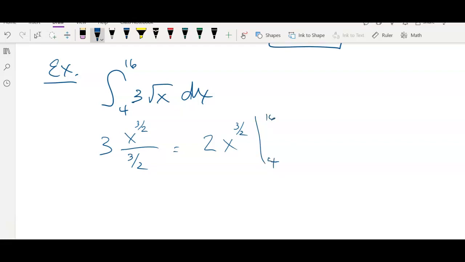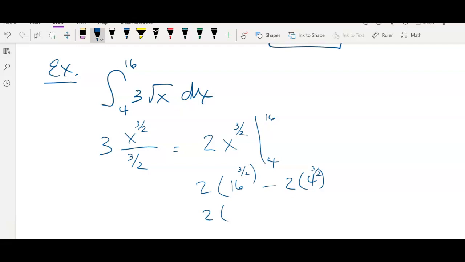From 4 to 16, right? So it's 2 minus 2, 4 to the 3/2. Yeah, so when you're looking at something like 16 to the 3/2, remember you do the square root first.